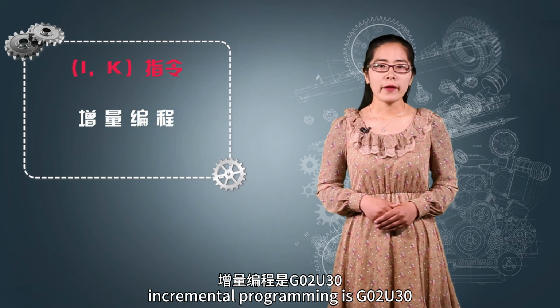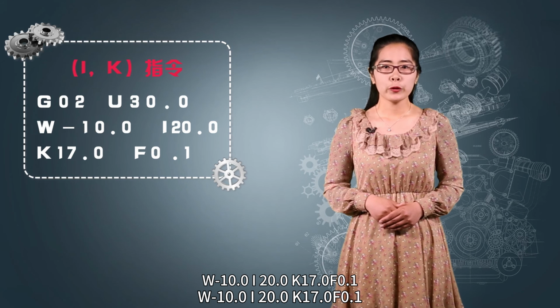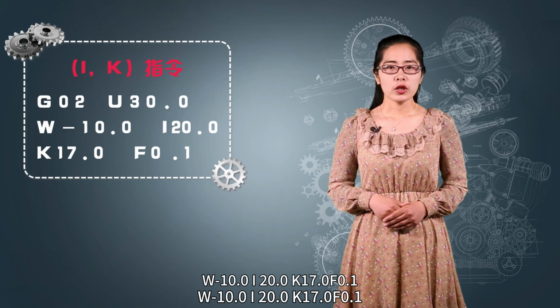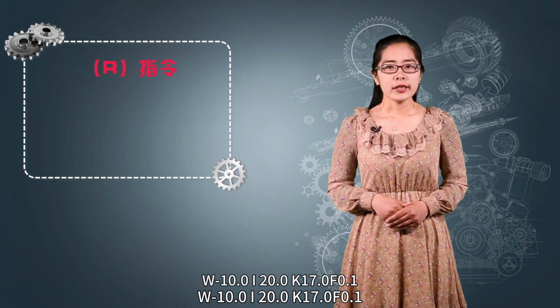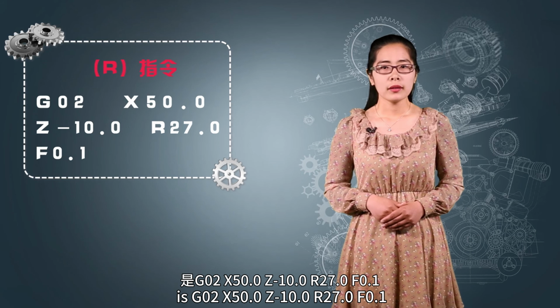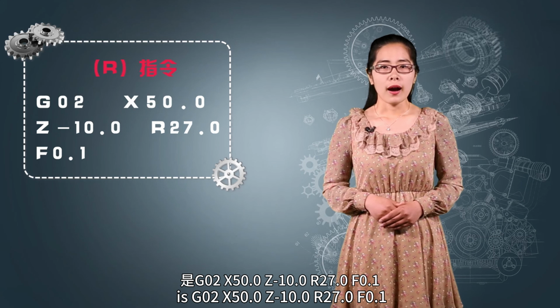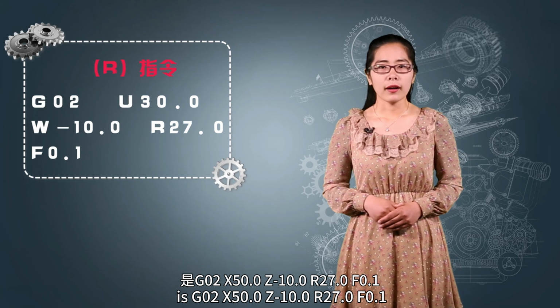Incremental programming is G02, U 30.0, W -10.0, I 20.0, K 17.0, F 0.1. The R instruction programming format is G02, X 50.0, Z -10.0, R 27.0, F 0.1.